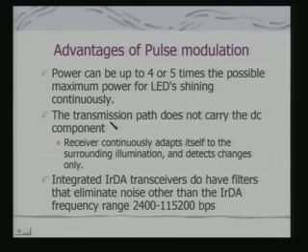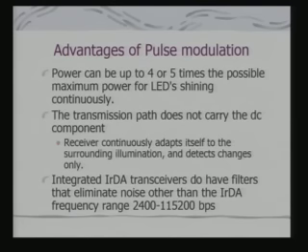At the same time, the transmission does not carry the DC component, and so the receiver can continuously adapt itself to the surrounding illumination and detect changes only, because pulse essentially means change with respect to the ambient illumination and the noise. So it is not a continuous transmission, so you can detect the changes, and that is precisely the reason why this pulse width is used.